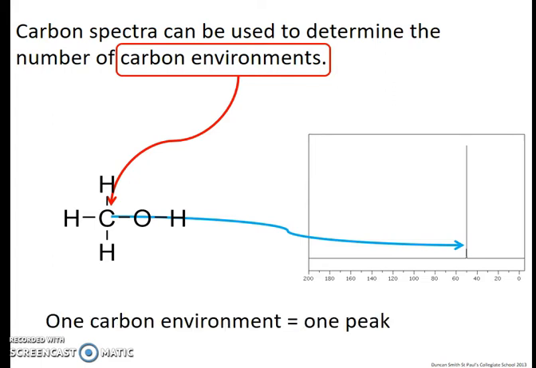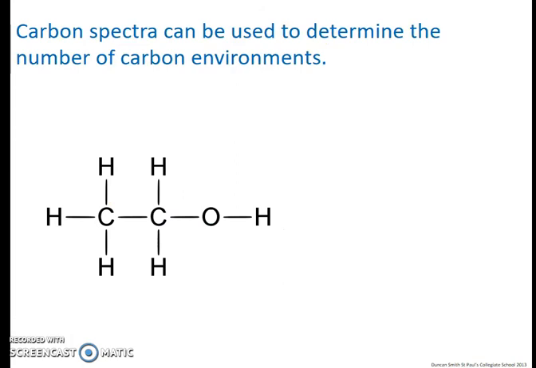It can get slightly more complicated. Here we have ethanol, and I hope you can see that when you look at the ethanol molecule, the 2 different carbons are in different carbon environments. One carbon is attached to 3 hydrogens and a methoxy group.